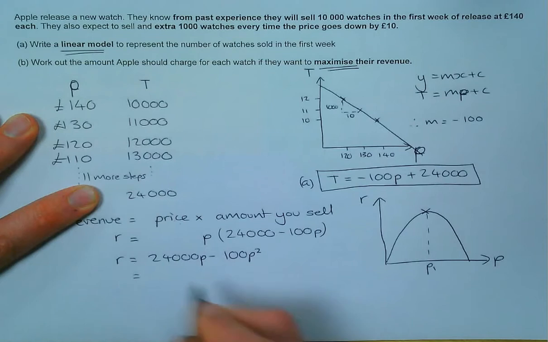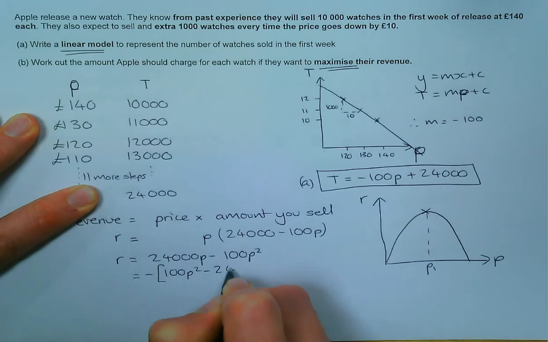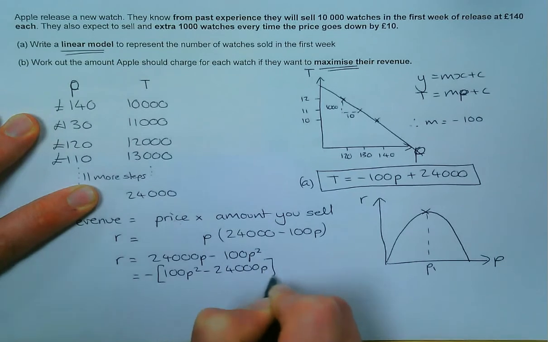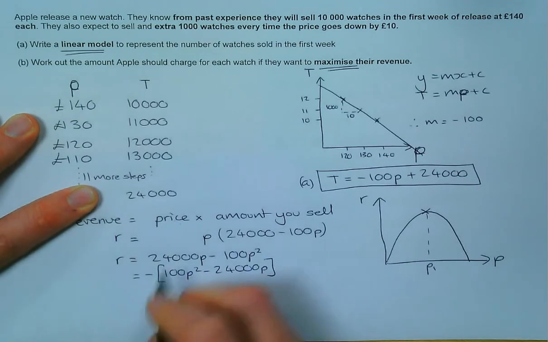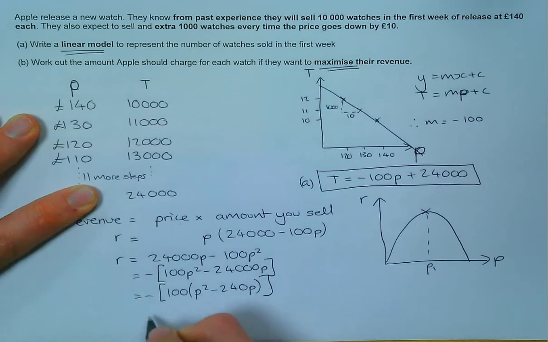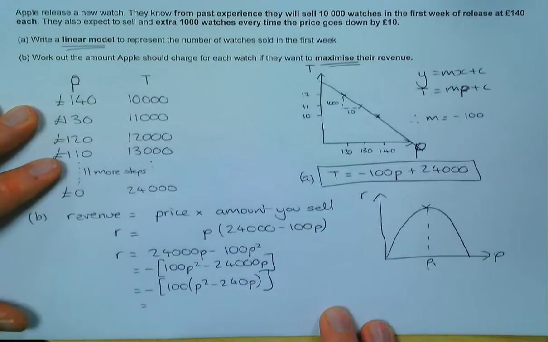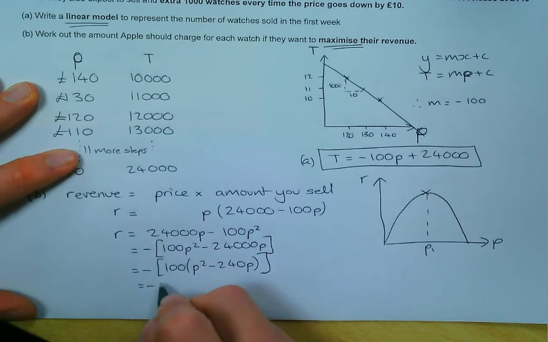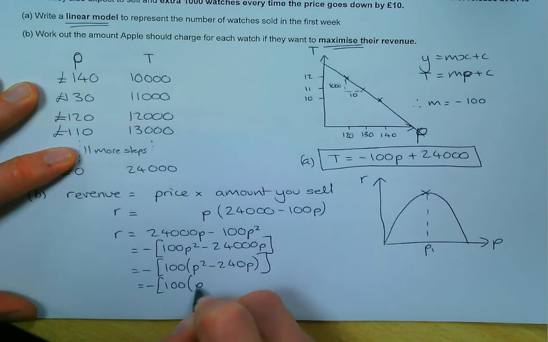So it's a negative, so I'm going to factorize. Change the sign of everything in there. It is not 1p squared, so I'm now going to factorize again for the 100. And I will get that. Now we're ready to complete the square. So 100 lots of p minus 120 all squared.